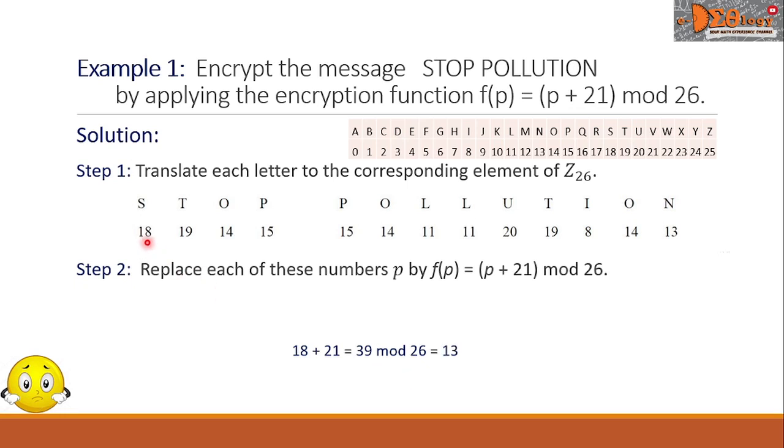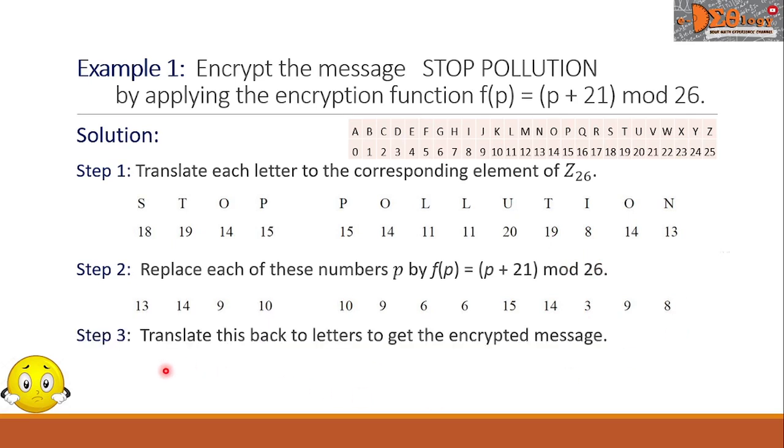So for the number 18, the value is 13. We're going to use this pattern for all the remaining numbers. It means 19 becomes 14, 14 is 9, 15 is 10, 14 is 9, 11 is 6, 20 is 15, 19 is 14, 8 becomes 3, 14 is 9, 13 becomes 8.